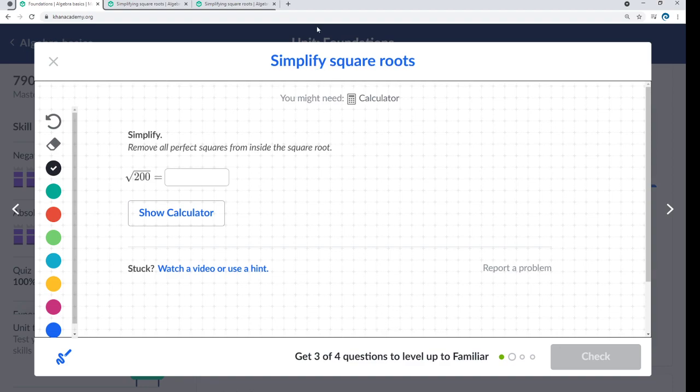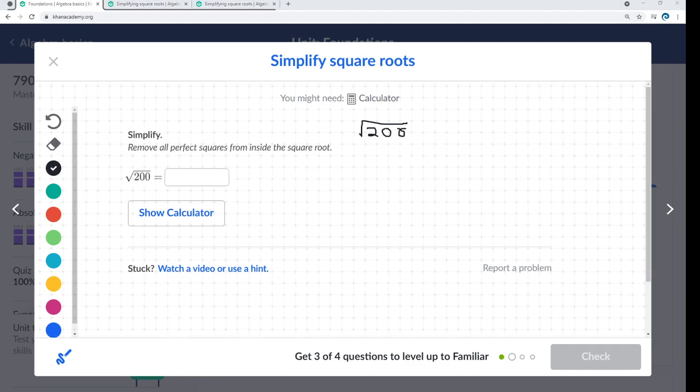Square root of 200. So let's just do it all out again. 2, 0, 0, right? So that's obviously going to divide by 2. So we have 2 and 100. Right, divided by 2.